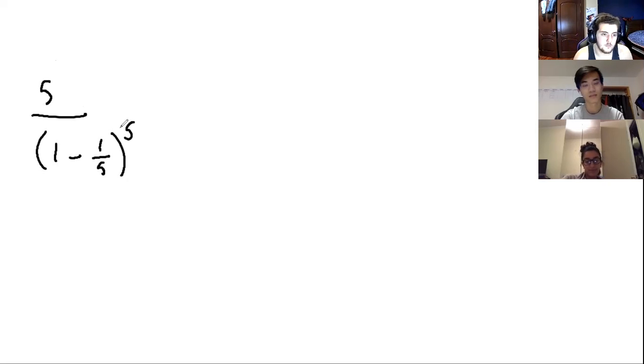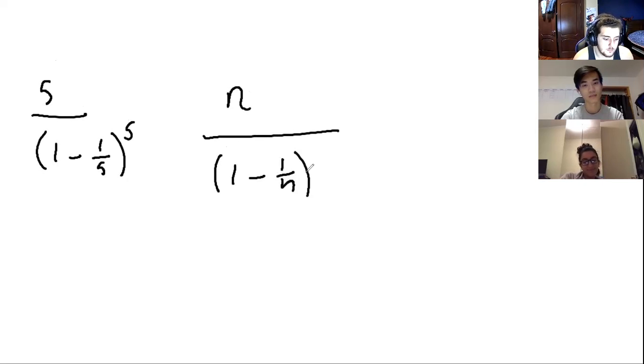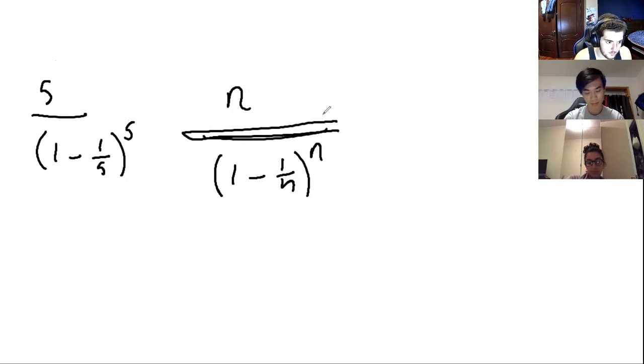And then in general, when you have n, a very large n, it would be 1 minus 1 over n to the power of n. Yes? You understand what I mean? So that's not division, it's just, you understand? I mean, I'm just saying if it's n, if it's 5, it's this formula, right?